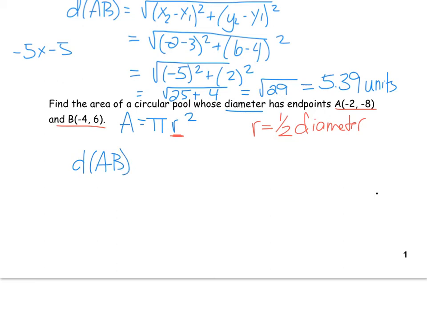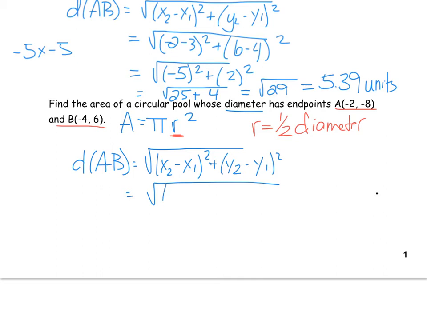Okay, so we'll write the formula to start with. Square root of (x2 minus x1) squared plus (y2 minus y1) squared. Put in the values. So I'm going to choose my x2 to be the A, just to do something a little bit different. x2, y2.